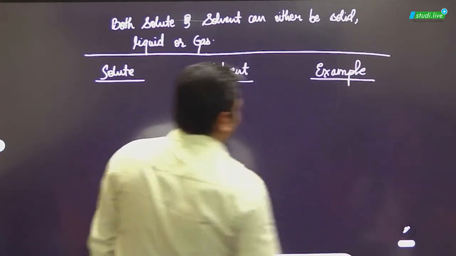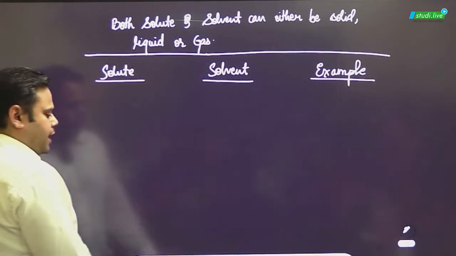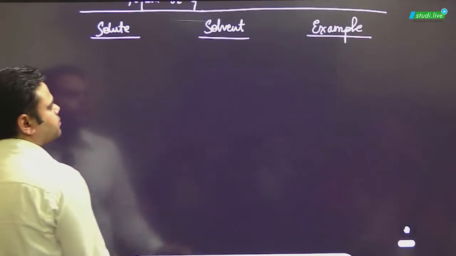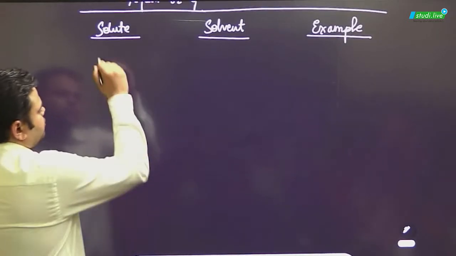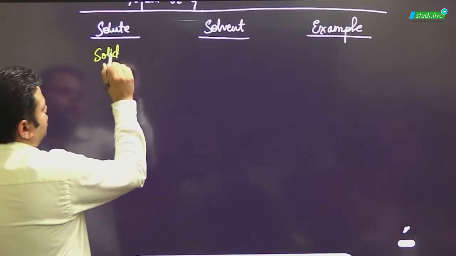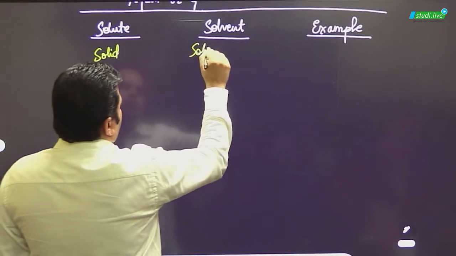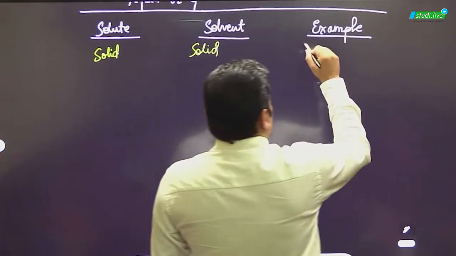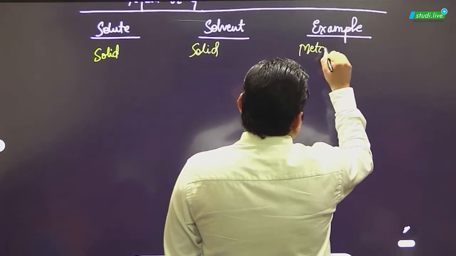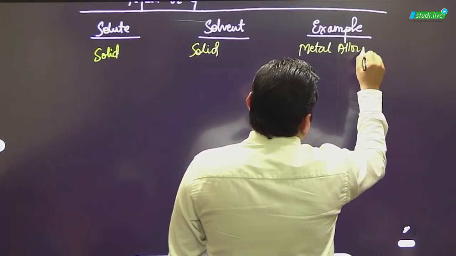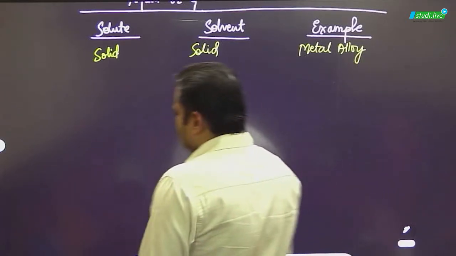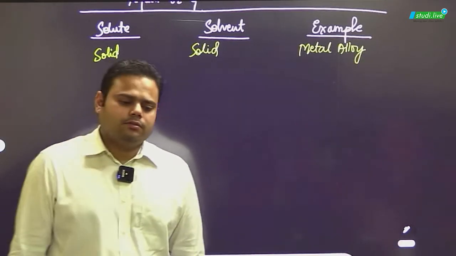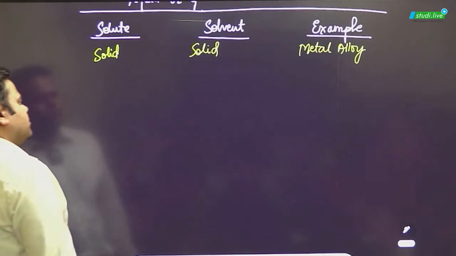Example. A case in which your solute is solid and solvent is also solid. Both are solid. An example of such a substance is a metal alloy, where both the aspects are solids.